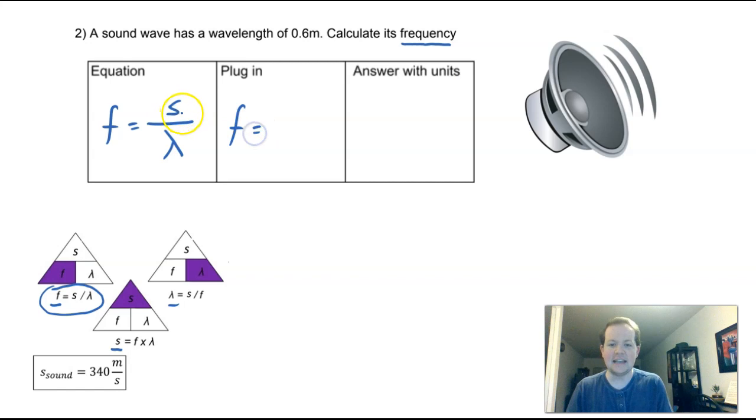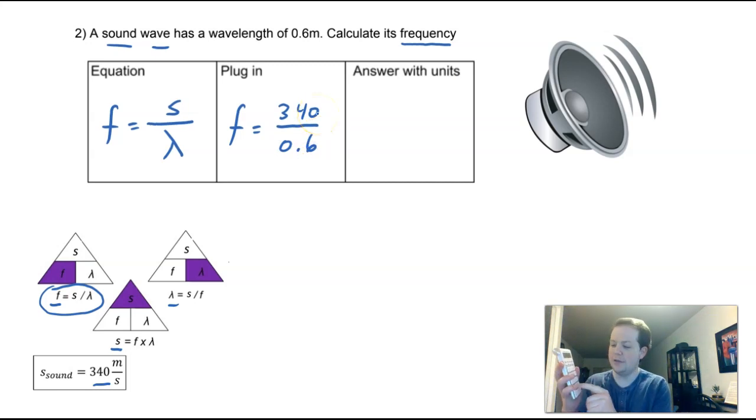So S, the speed. What is the speed of the sound wave? It is constant. Always 340. Divided by wavelength. What's the wavelength in this problem? 0.6. So in your calculator, you want 340 divided by 0.6.